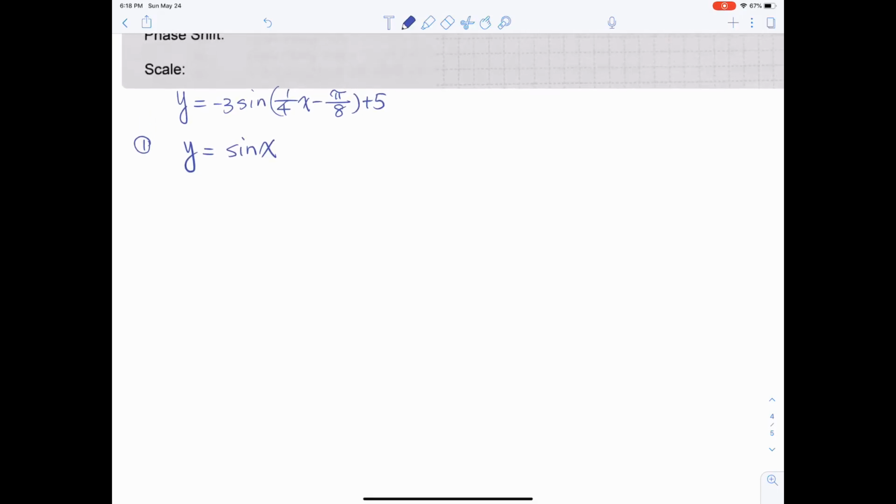That is easy peasy, we can do it, right? 0, pi, 2 pi. Every 2 pi is a full cycle. 1, negative 1. So these are the points it will go through. This is the very original.